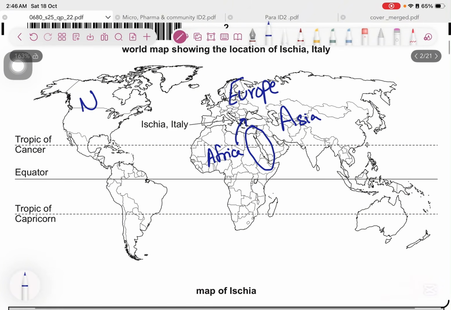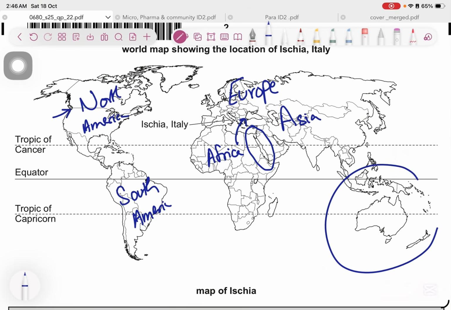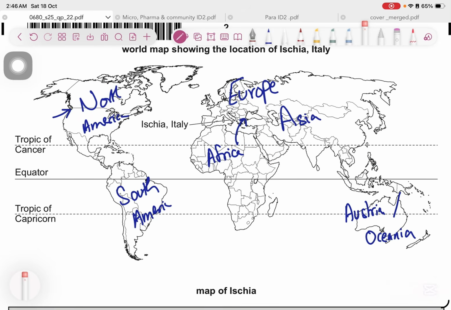North America, since it's at the top, and then below it's South America, since it's at the bottom. And the lonely one here, that's Australia or Oceania. Okay, that was very good.